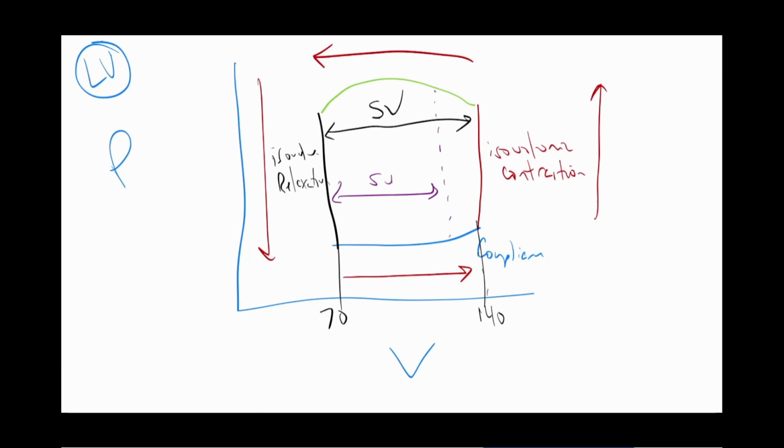Okay, if I extend the line out this far and stroke volume comes all the way out there, increased stroke volume. So you see now how the width of this box will dictate your stroke volume. Okay? Now, let's draw this one more time. And now we're going to add some other things on it.